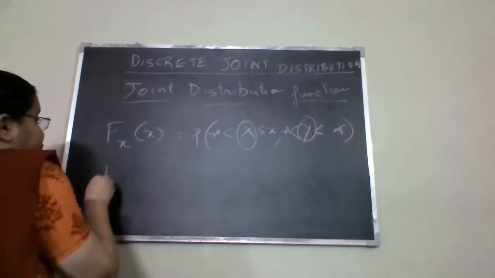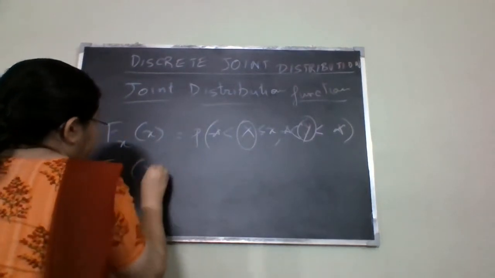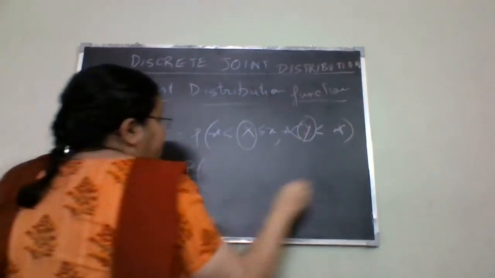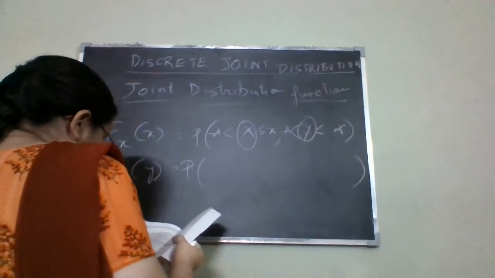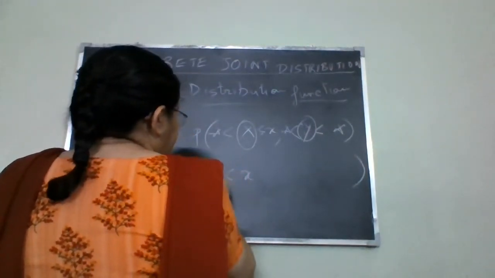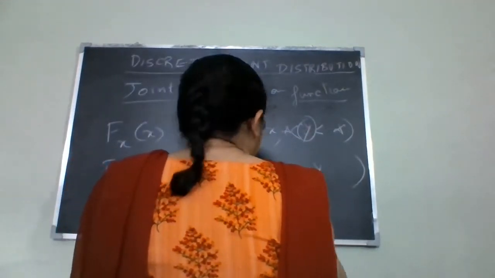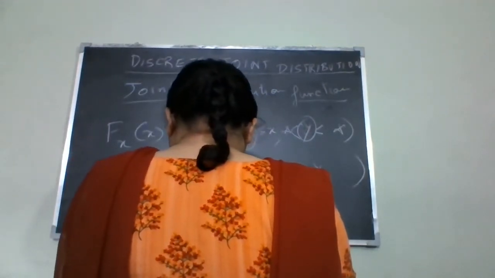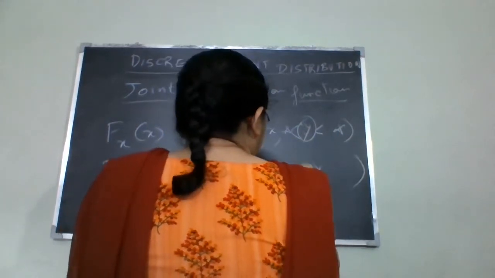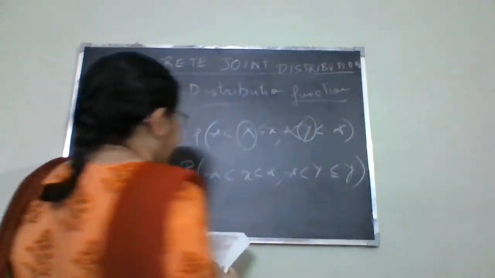Similarly, we will have now F_Y(y), that is equal to again probability. Now X over here is minus infinity to plus infinity, and Y over here is minus infinity to small y. Okay.